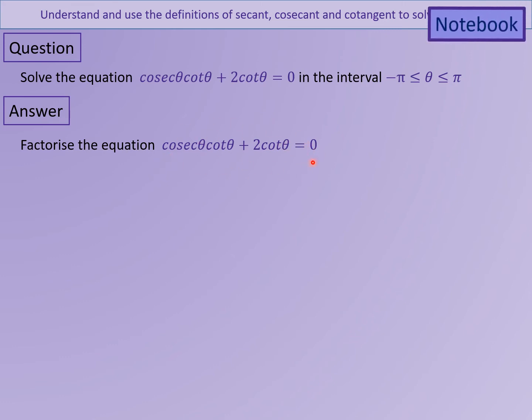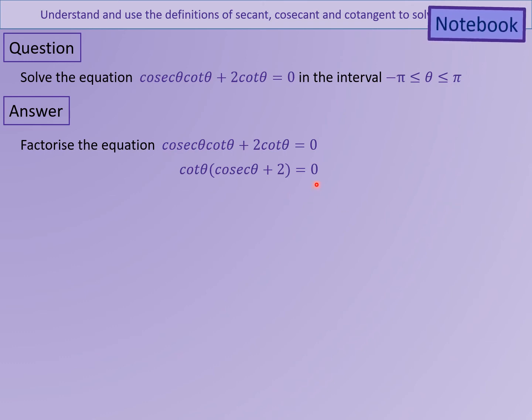Okay, sometimes that might be necessary, but not always. Now if you remember the third from last one we just did, where we factorized, that's what you could do with this. So I'm thinking, actually I've got a cot theta there, I've got a cot theta there. So what I'd like to do is just factorize those out. Okay, so I can pull out the cot theta from both parts.